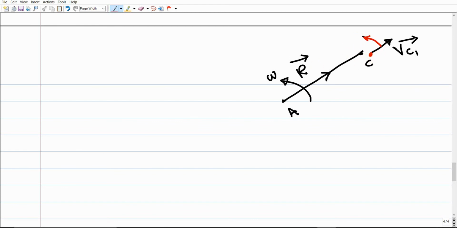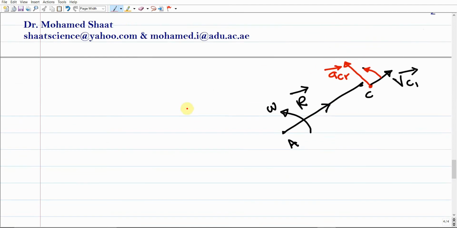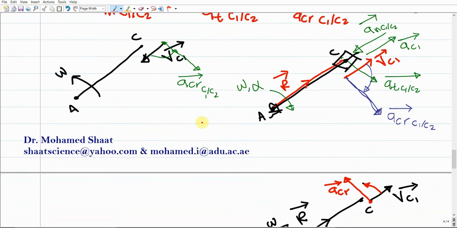This omega rotates in this direction, so it will be inclined to this direction. This gives us the ACR, which is the Coriolis acceleration. Make sense? And so on. This is just for now, to understand these directions.